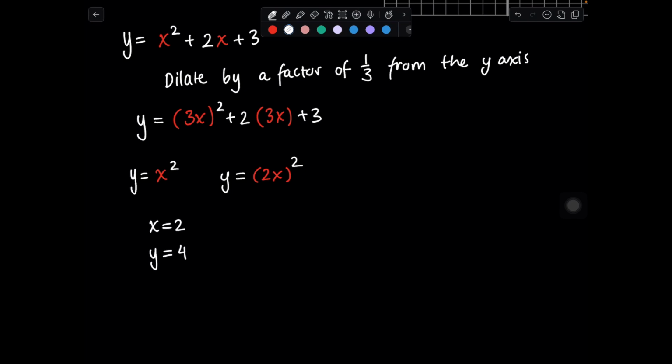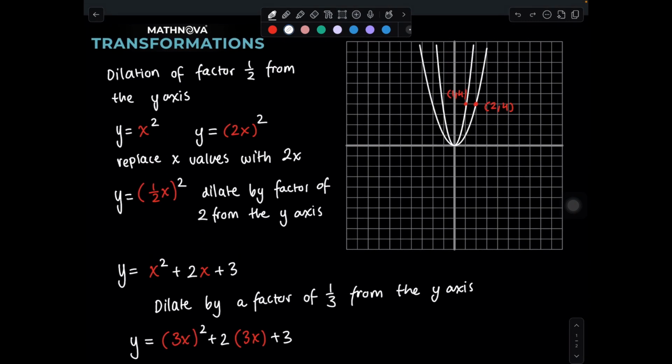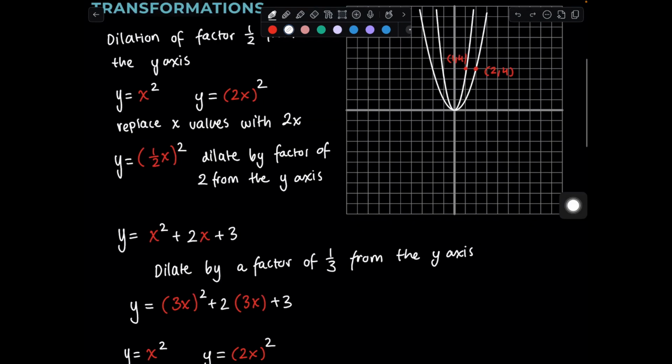Okay. In this case, all you need to do is you put in x equals 1 and you'll get 4. So you can see how that 2 has made it so our graph is a bit earlier. So in this case, it makes it come earlier. So instead of it being stretched out coming later, it's compressed and coming earlier.